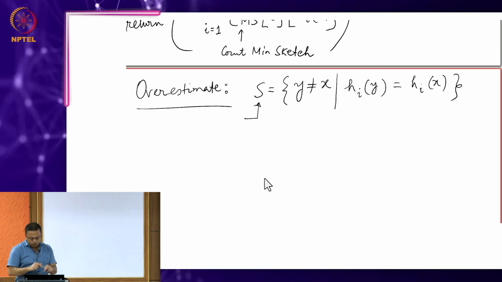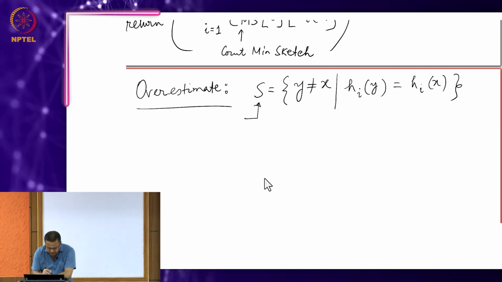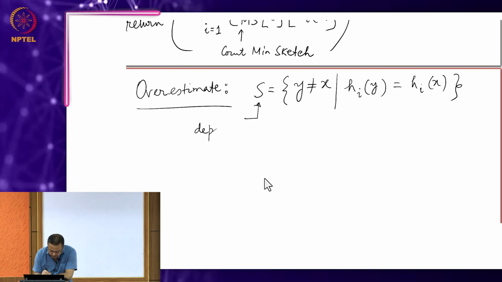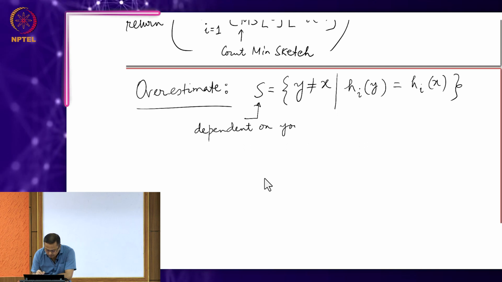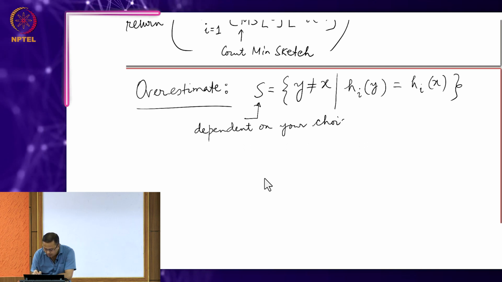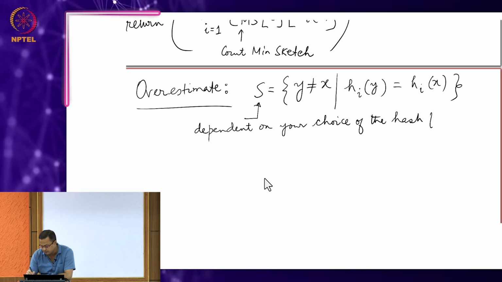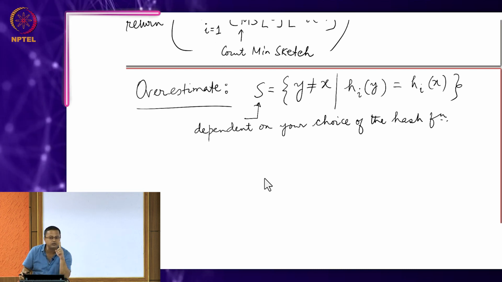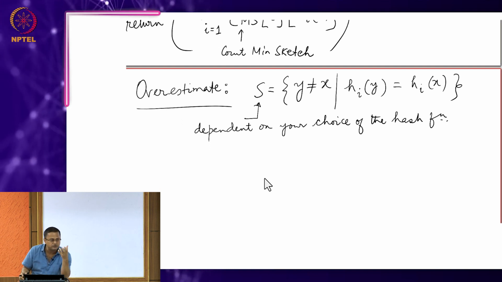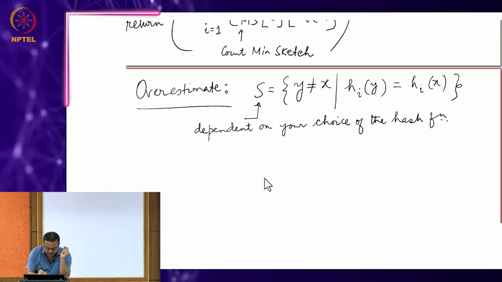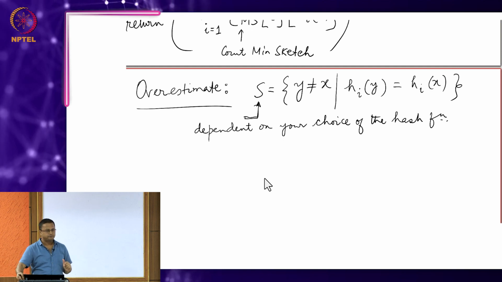If you look into this set S, what has happened is, this set is dependent on your choice of the hash function. How was your hash function chosen? Uniformly at random from the set of hash functions. So, that means this set S is the outcome of a random process.